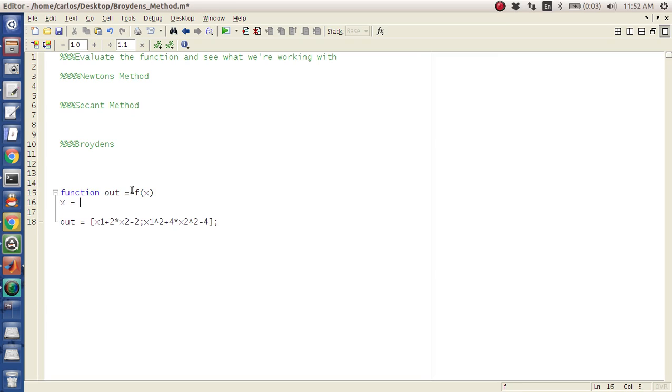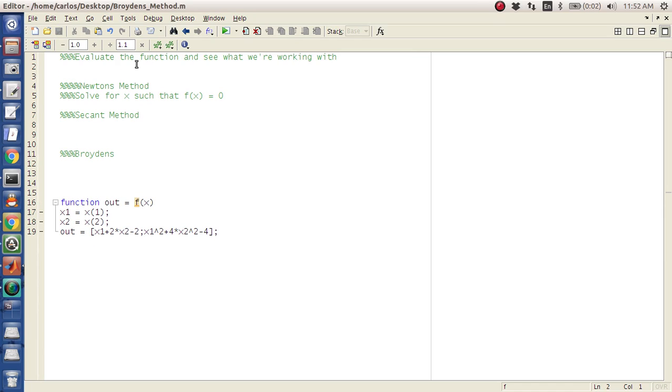The input x is going to be a vector, a 2 by 2. And this is our function that we are trying to solve for. Basically what we want to know is, solve for x such that f of x equals 0.